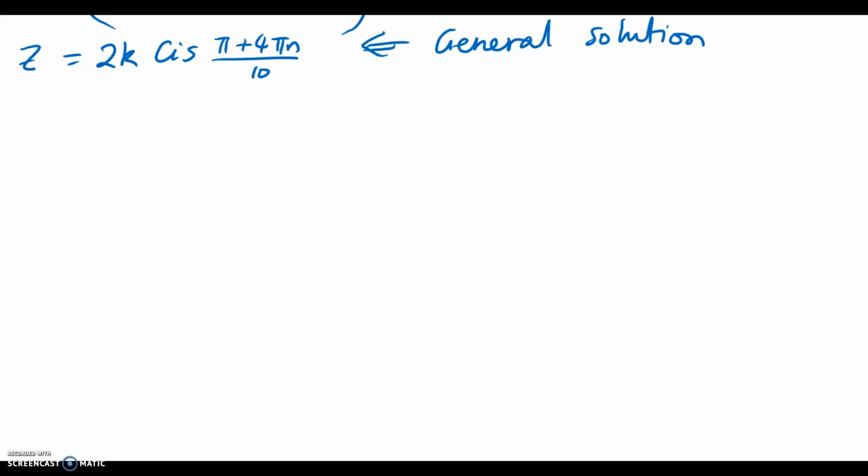So let's start with n equals 0. So z will be 2k cis pi over 10. Okay, so that's my z1.